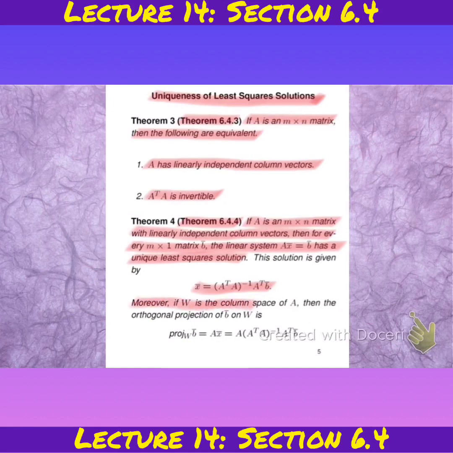Moreover, if W is the column space of A, then the orthogonal projection of B on W is this by the previous theorem, and you just plug that x value that you have in there to get that.